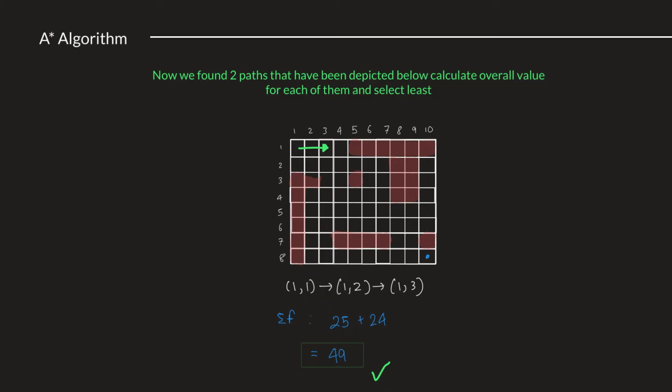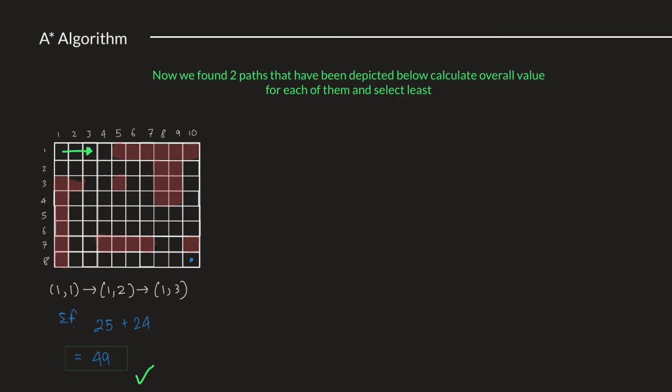Alright, so the cost of going from 1 comma 1 to 1 comma 2, which is our first and second node, is 25. Now this is the lowest value we had before, so we're selecting that. And next, if we were to go right from 1 comma 2, as I showed you in the previous slide, that would have a cost of 24. So our total f cost, or our total cost of traveling the path yet, is 49. And as you will see now, let me get the next one.